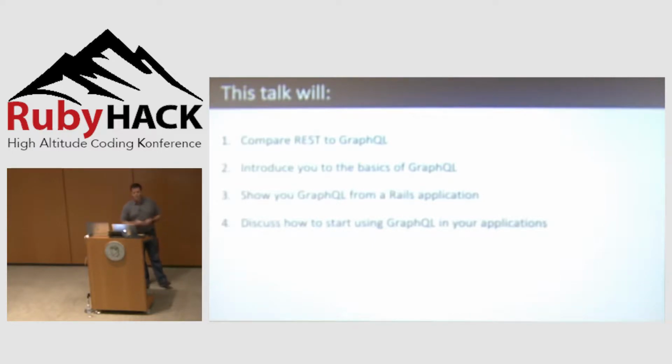I'll introduce you to some of the basics of GraphQL, and we'll show you how GraphQL looks and feels in a Rails application. And we'll discuss how to start using GraphQL in your applications. And toward the end, we'll talk about what we're doing on the FishMe team and how we plan on using GraphQL moving forward.